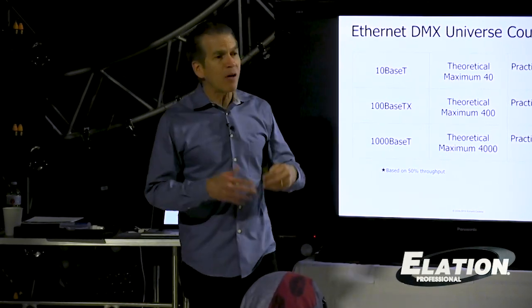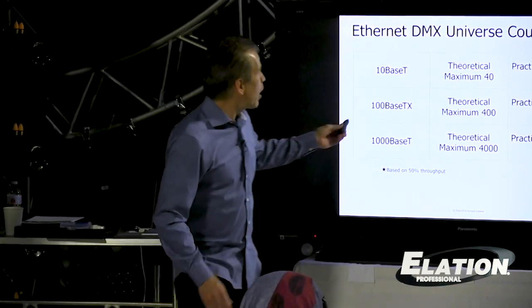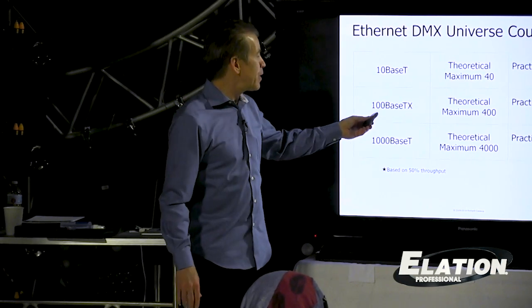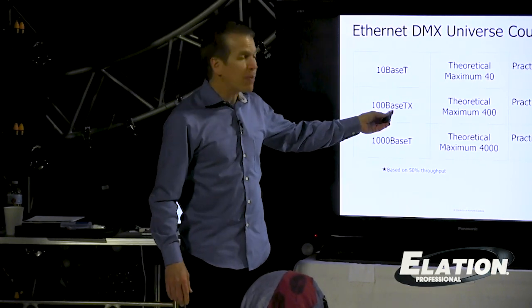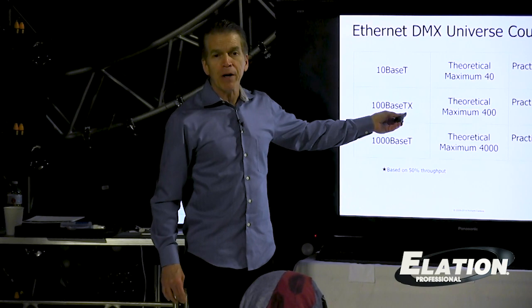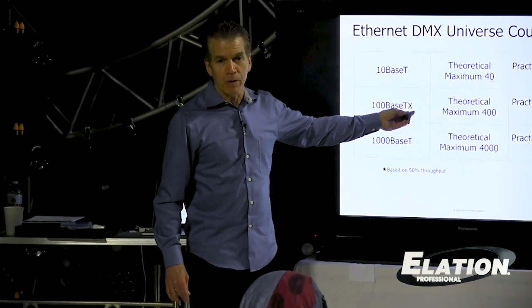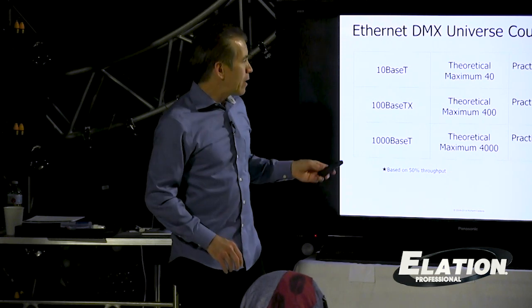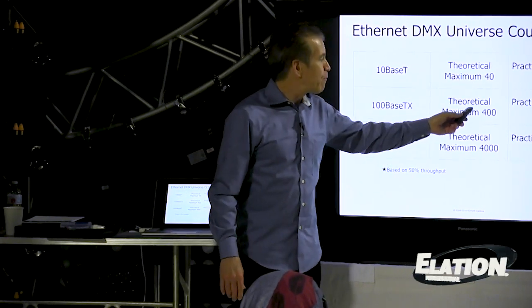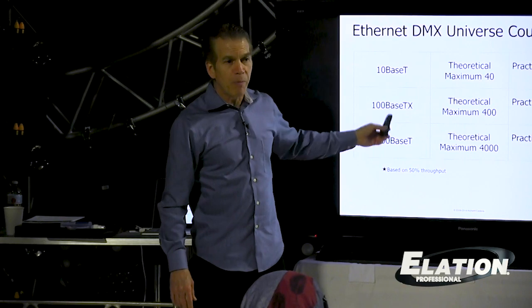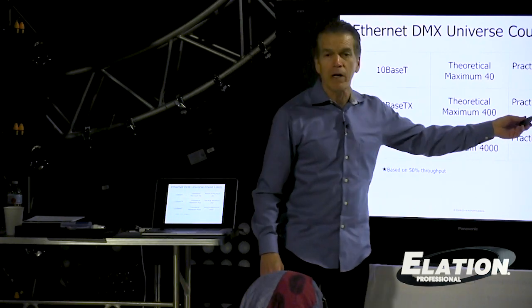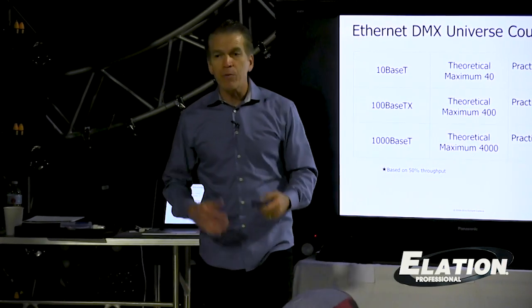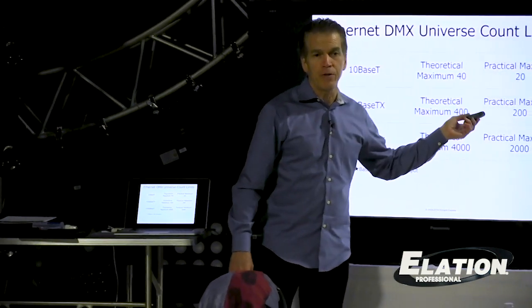And later on, when they came out with 100 base TX, 100 base TX means 100 megabit per second, baseband transmission, using twisted pair copper wire in full duplex mode. That means two pairs of wires at the same time. And in theory, that would be 400 universes of DMX, but with the 50% throughput, it's 200. So again, in real life, it's probably somewhere in between the two.